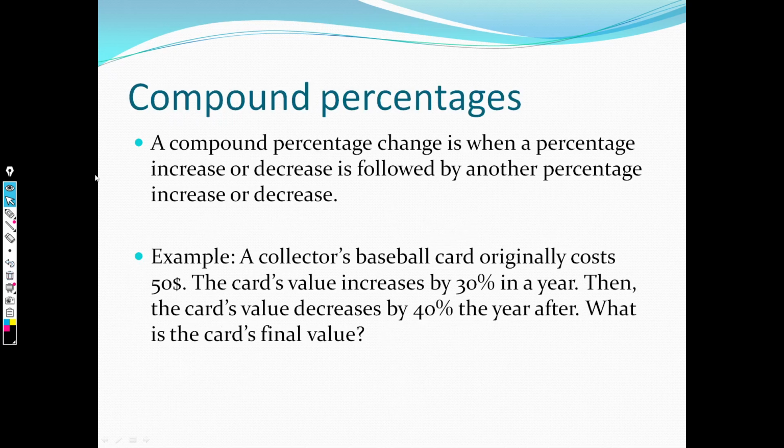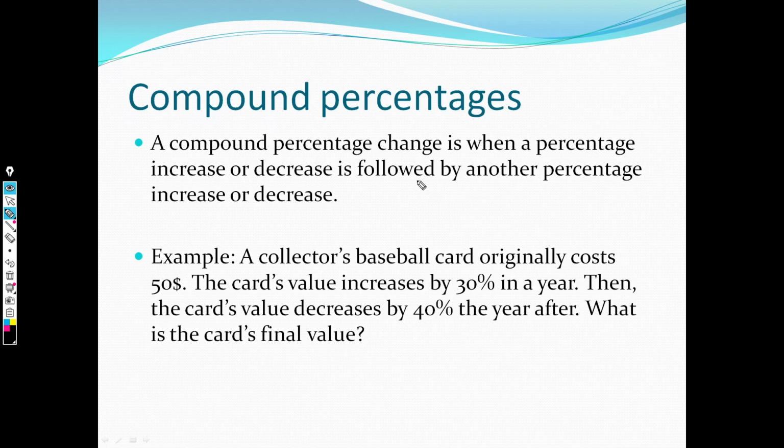The next thing that you need to know is compound percentages. Now, compound percentages are just when you apply a percentage change to an original value and you get a new value, and you take this new value and you apply another percentage change. So it's really just applying two percentage changes.